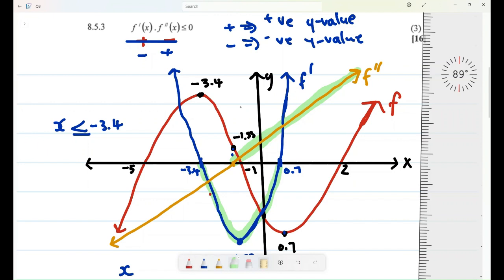So I want you to check from this point here, and this point here. I want you to check between those points.